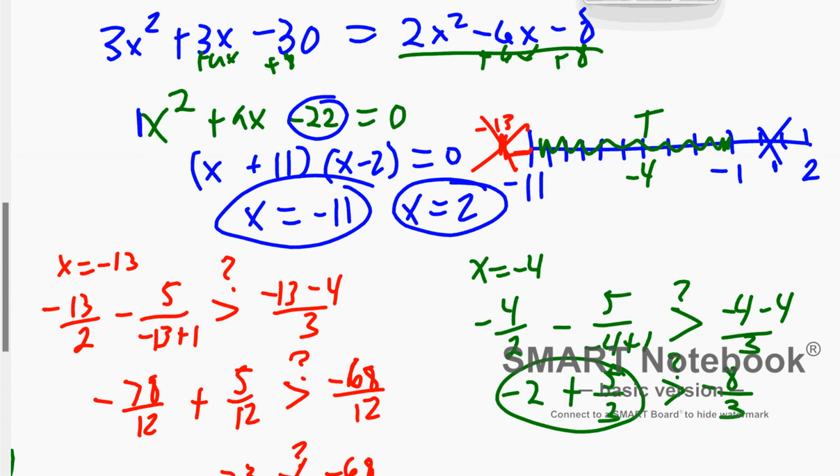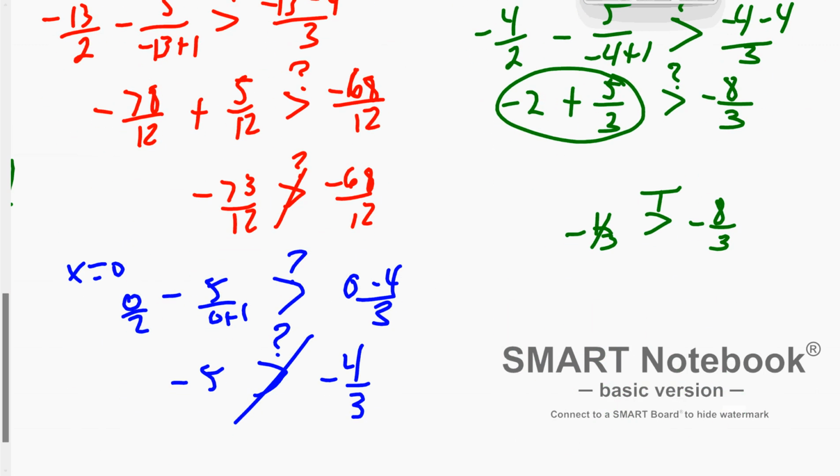So now we can test after that. So let's go ahead and test 3. So x equals 3. So we get 3 over 2 minus 5 over 3 plus 1. Is that greater than 3 minus 4 over 3?